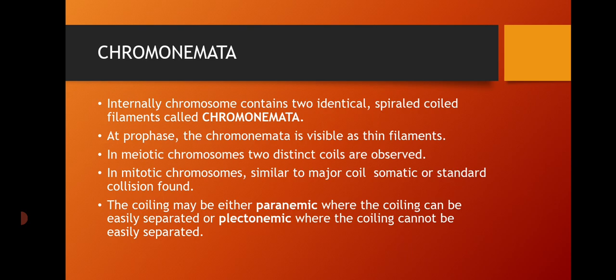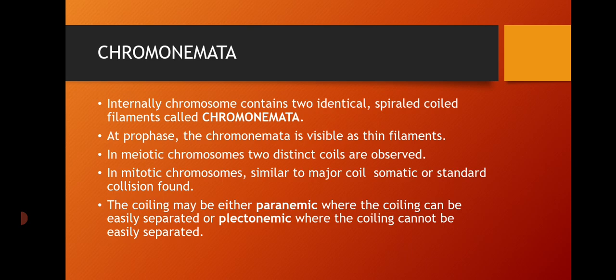The next one is chromonemata. Internally, a chromosome contains two identical spirally coiled filaments called chromonemata. At prophase, the chromonemata are visible as thin filaments. The nature and degree of coiling of chromonemata is variable in mitotic and meiotic chromosomes.